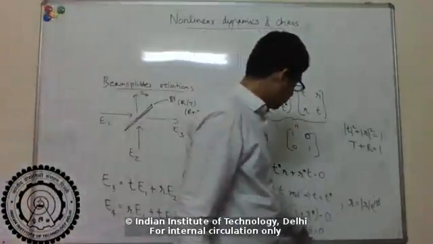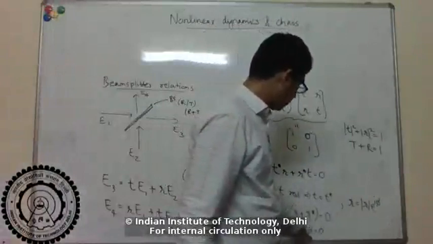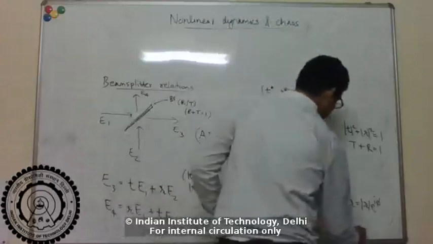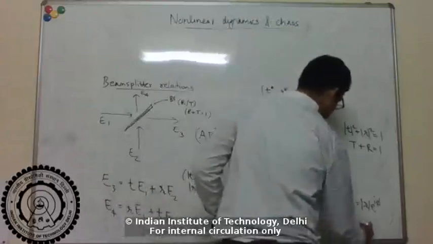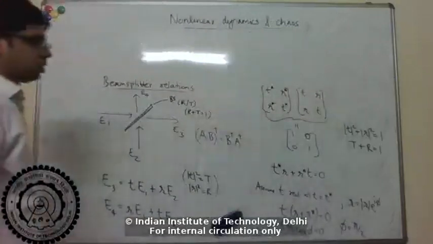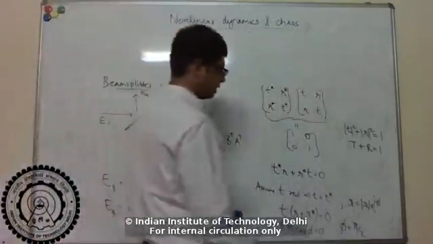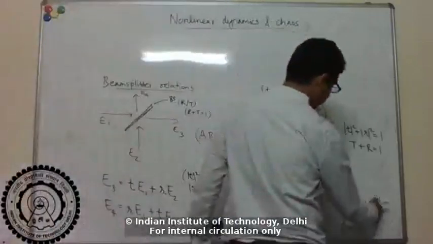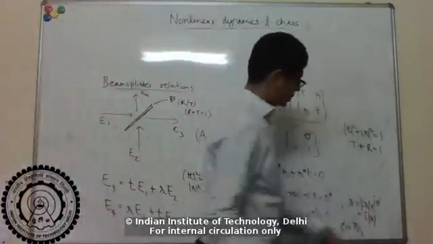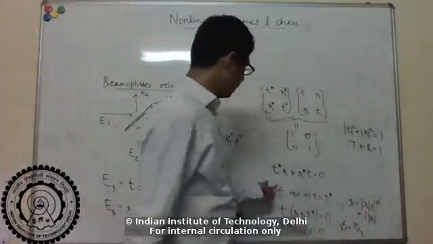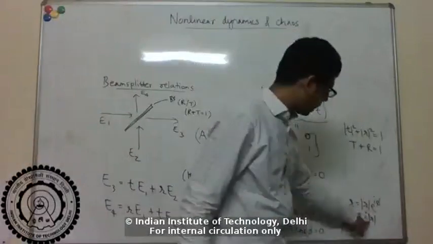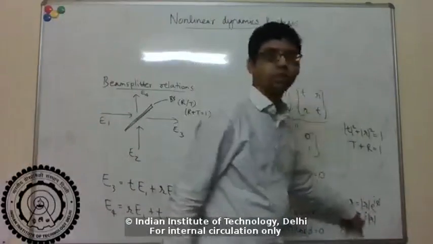So the only condition remaining is that the angle has to be such that cosine phi is 0, right? So we can choose phi equal to pi by 2, which means R has e to the I pi by 2, which means there is an I. So if I take T to be real, then R has to have an iota in front of it, or a pi by 2 phase shift.